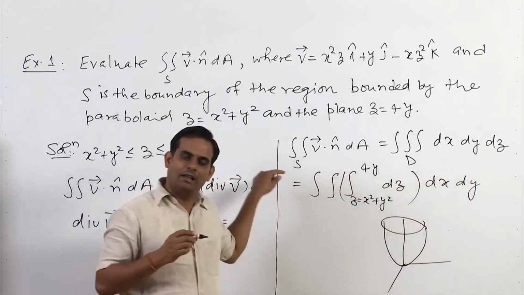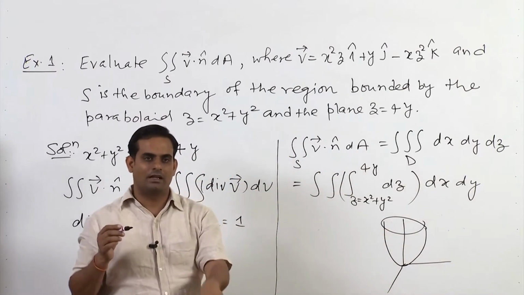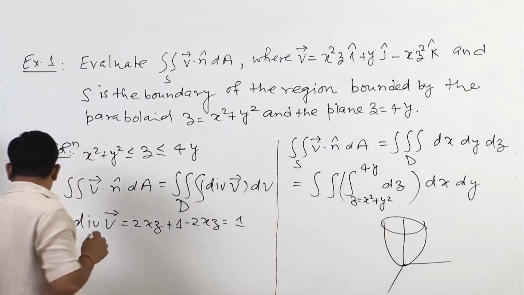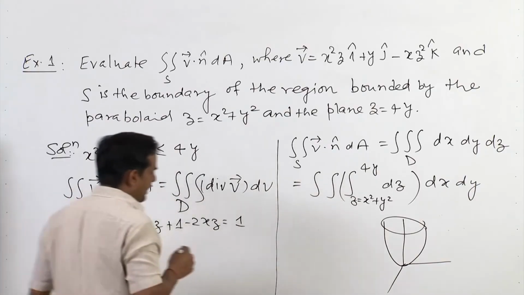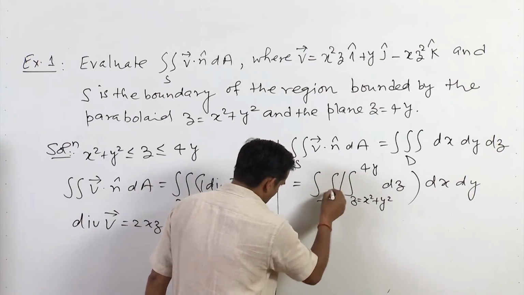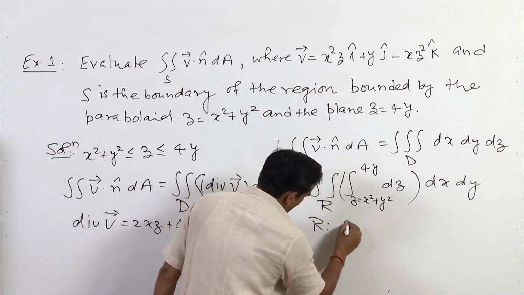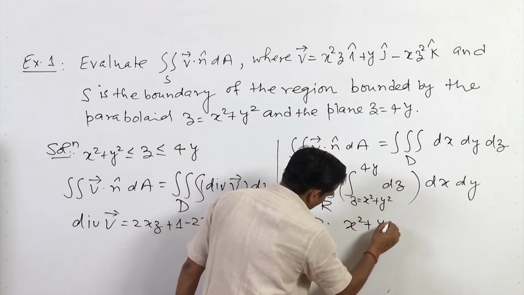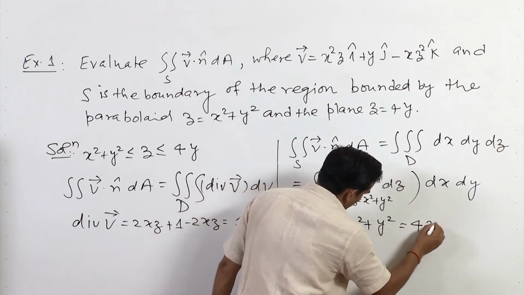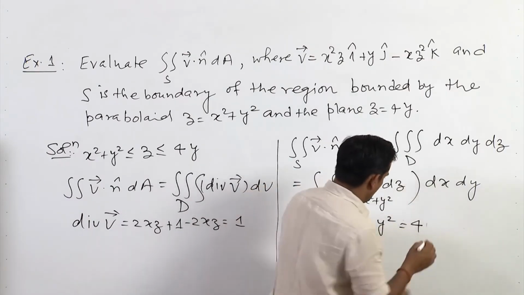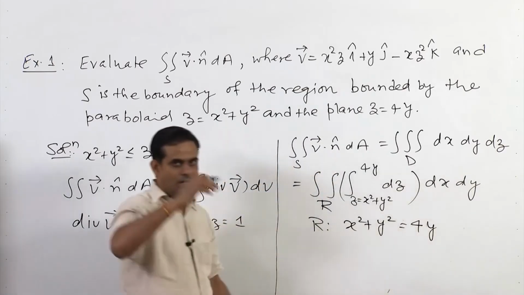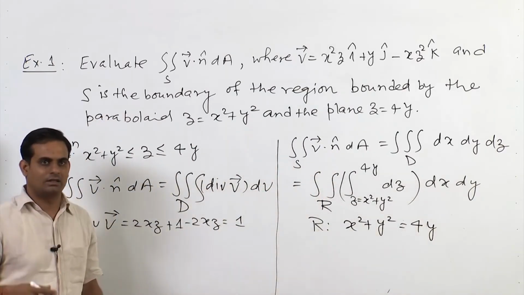And then we are having a plane z equals 4y. So hence the projection on the xy plane will become this region R, and here R will become x square plus y square equals 4y, which is the upper boundary of the region.